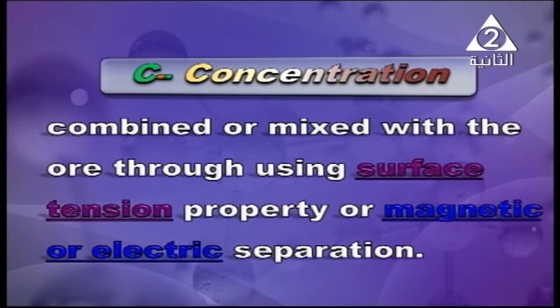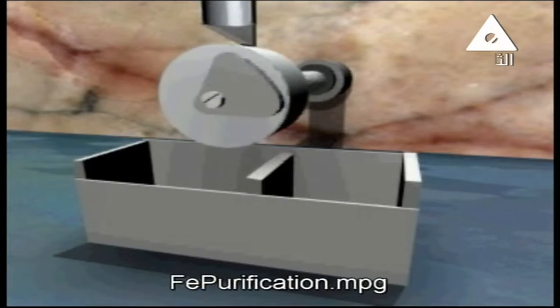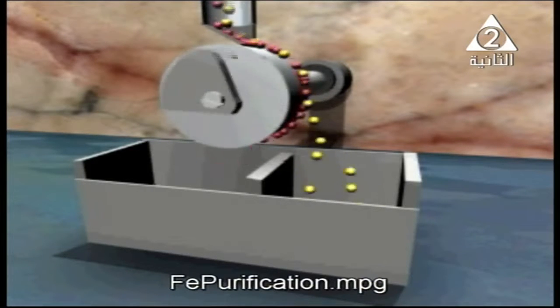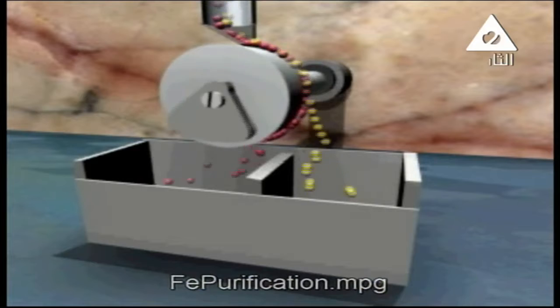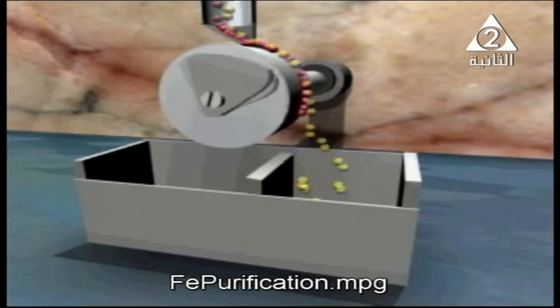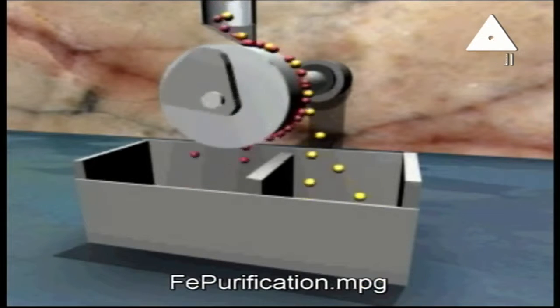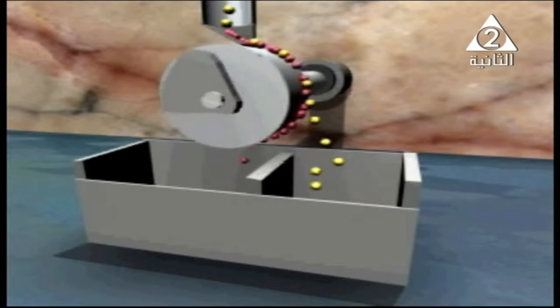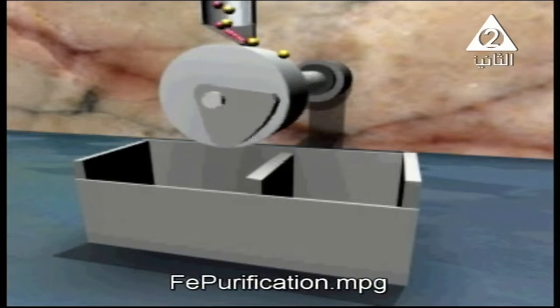The next method is the magnetic or electric separation, shown in the following animation. By passing the ore over a magnet, the iron ore is attracted to the magnet while the sand and other impurities are repelled from it, so we can separate the iron ore from the impurities.